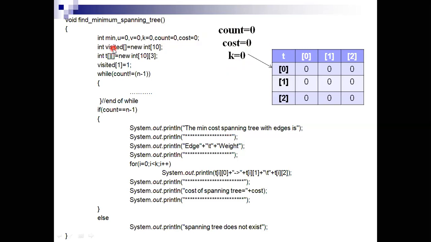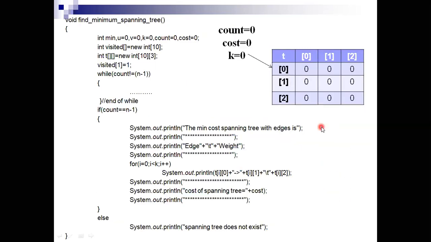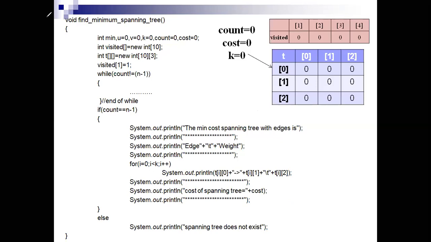Next I have another array called the visited array. The visited array is a single dimensional array, which is very important here to identify which vertices are in the spanning tree and which are not. You can see the visited array is of size 10, right?